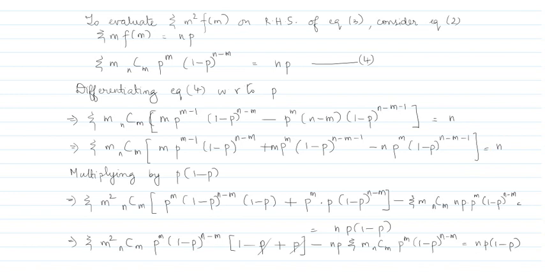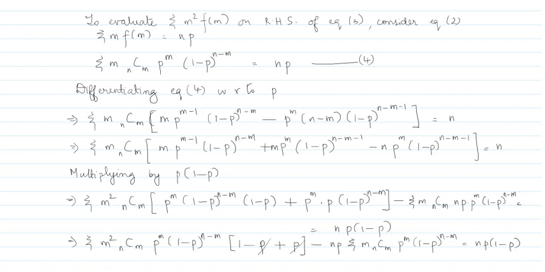Now what did we do in the previous lecture while evaluating m bar? After you differentiate everything, you multiply it by p into 1 minus p, right? So we do that here also, and you see that your term becomes something like this.